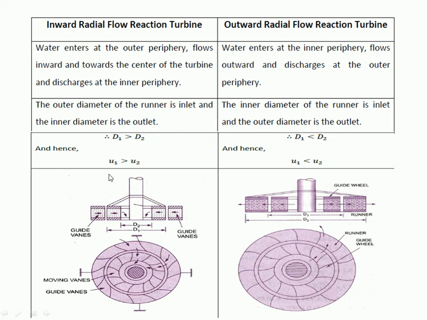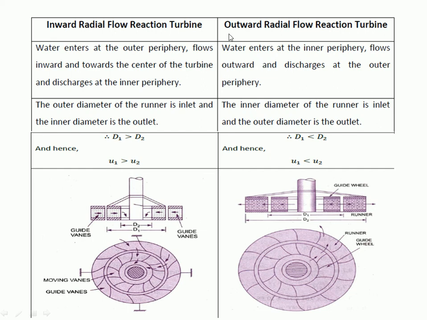So, U is directly proportional to the diameter at inlet and outlet. So, U1 is pi D1 N by 60 and U2 is pi D2 N by 60. As D1 is greater than D2, therefore, U1 is also greater than U2.